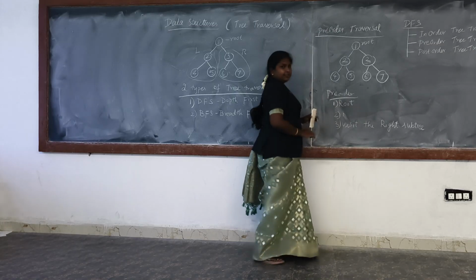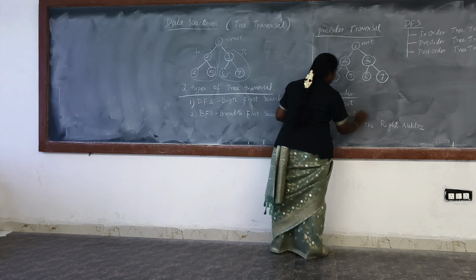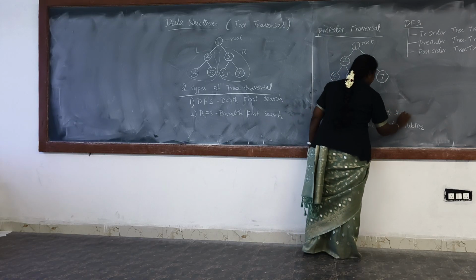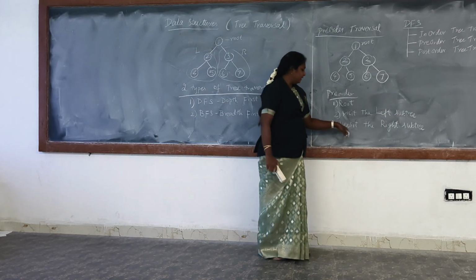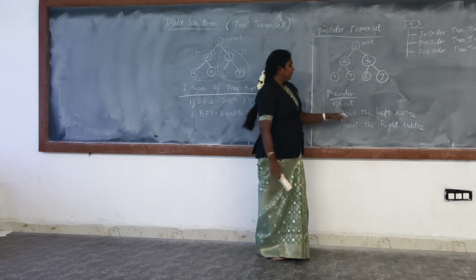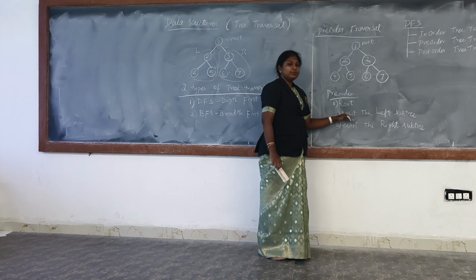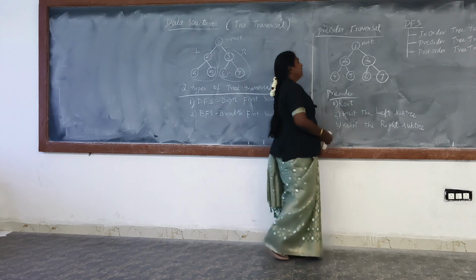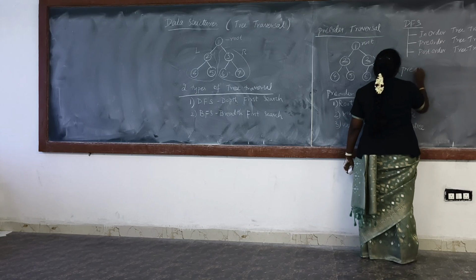So first it visits the root and then it visits the left subtree and then it explores the right subtree. So let us write the pre-order traversal for this specific tree.